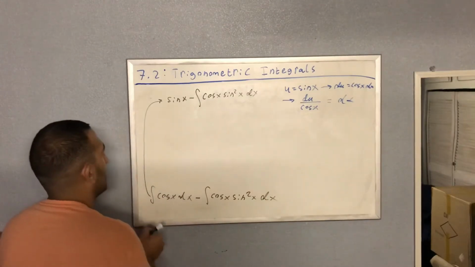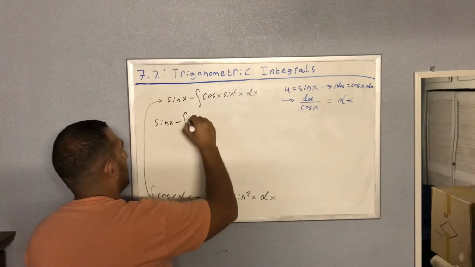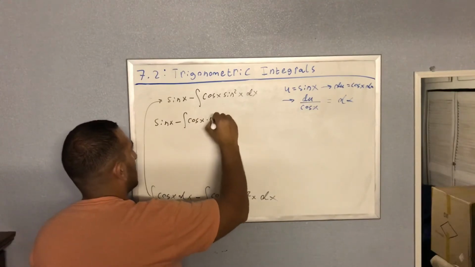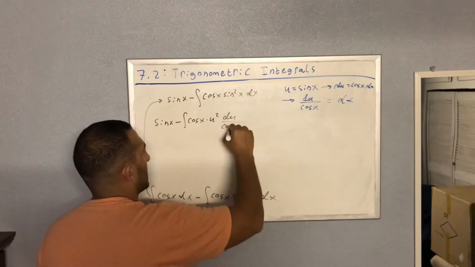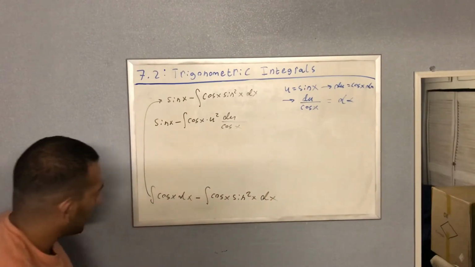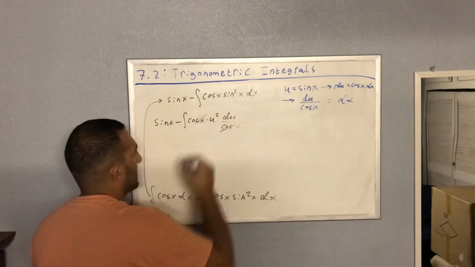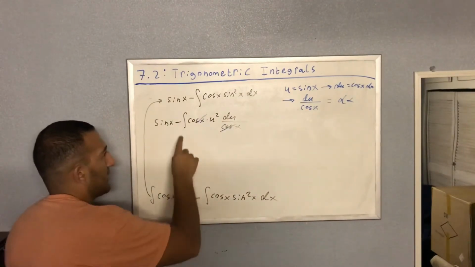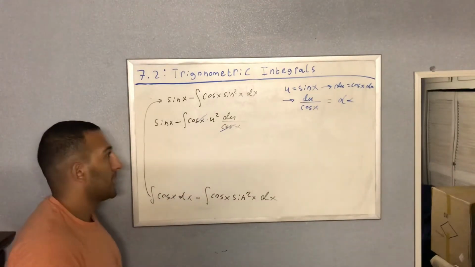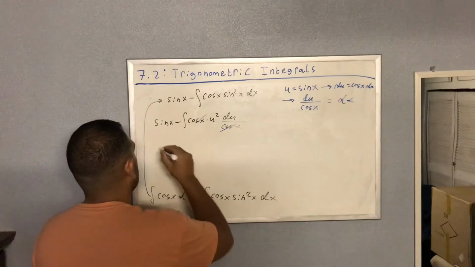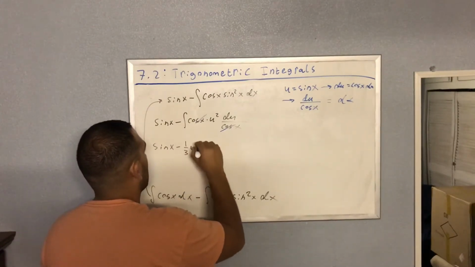So we get sine x minus the integral of cosine x times u squared times du over cosine x. And now this is perfect because the cosines cancel out. And so we just have the integral of u squared, which is 1/3 u cubed. So this is sine x minus 1/3 u cubed.